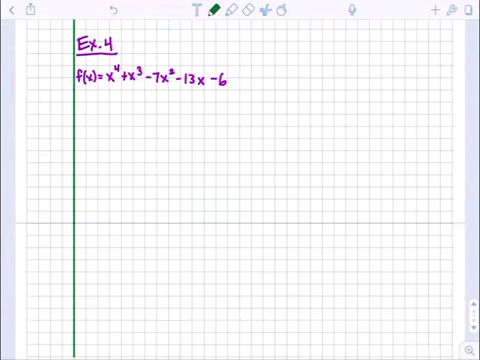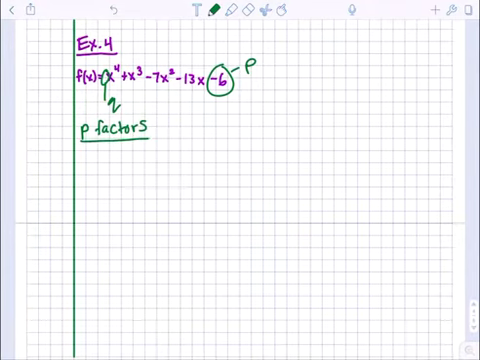Alright, again, got to factor this out completely. So there's my P, there's my Q. P factors are going to be plus or minus 1, plus or minus 1 and 6, and plus or minus 2 and 3.